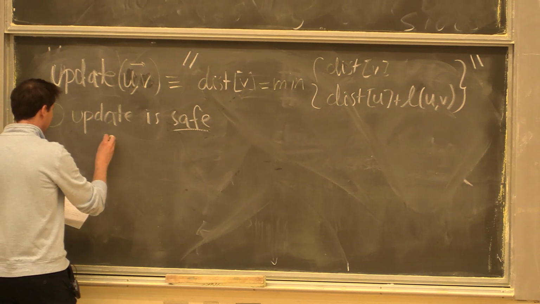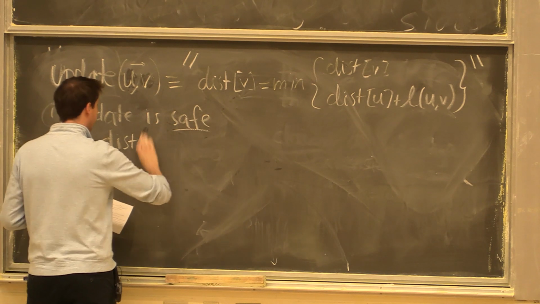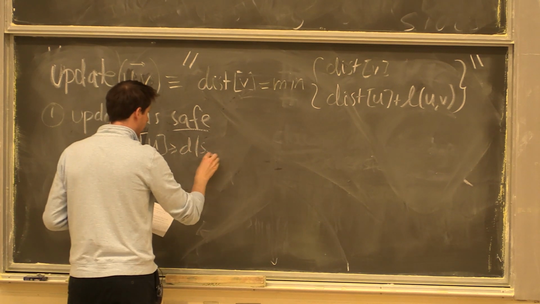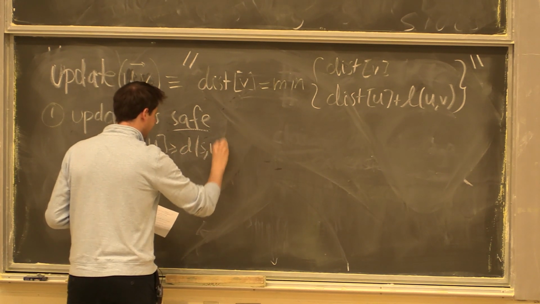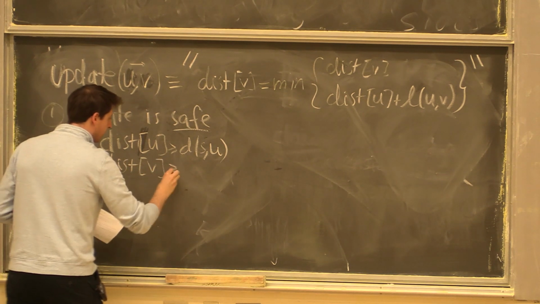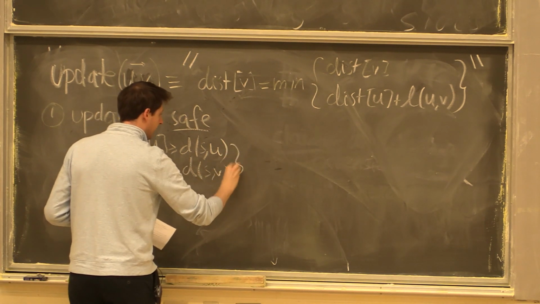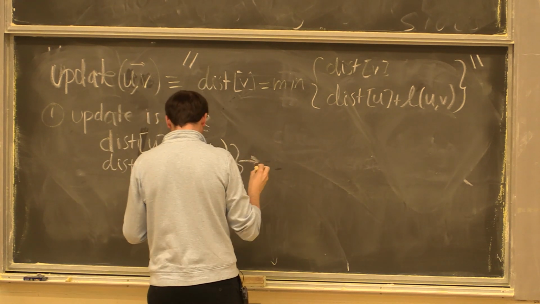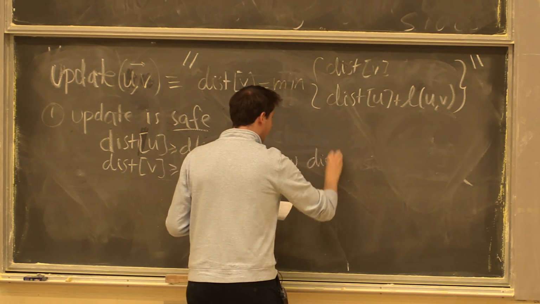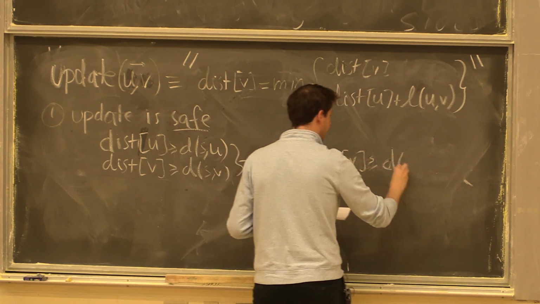So another way to say it is that provided that the distance of u is at least the correct answer, which is the distance from S to u, and the estimated distance for v is also not already wrong, then after the update the new distance of v is also no worse than the correct answer.